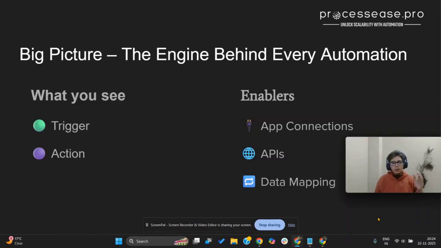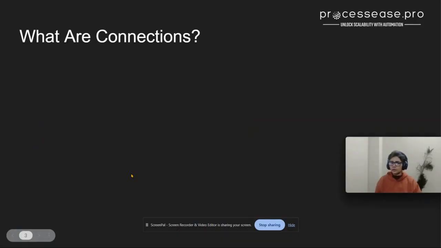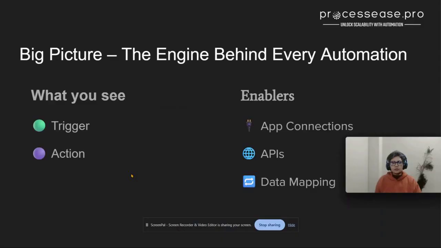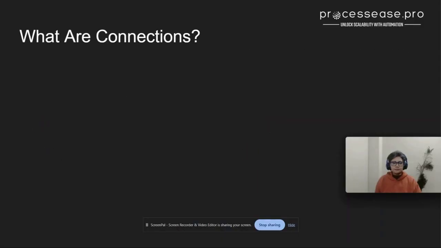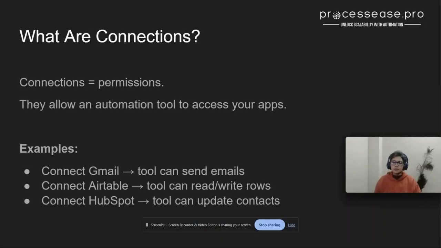All right, so now we will talk about each of these a bit in detail, and we'll also see an example from the invoice automation itself so that we can map these to the actual automation. First of all, what are connections? Connections are the permissions. If you are using HubSpot CRM, the tool is requesting permission. It is asking you, hey, can I use this system on your behalf?